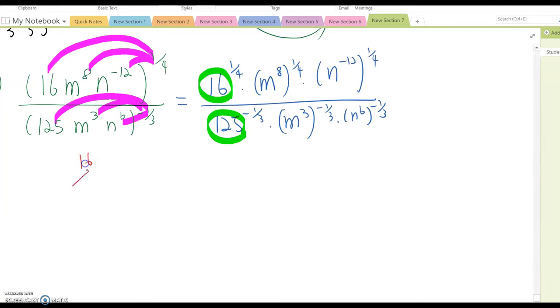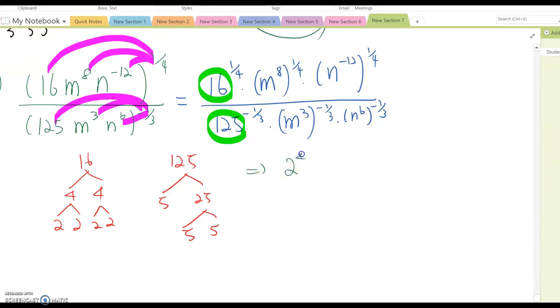So 16 means 4 times 4, 2 times 2, and 2 times 2, and 125, 5 times 25, and then 5 times 5. So you can rewrite this as 2 to the 4 to the 1/4.